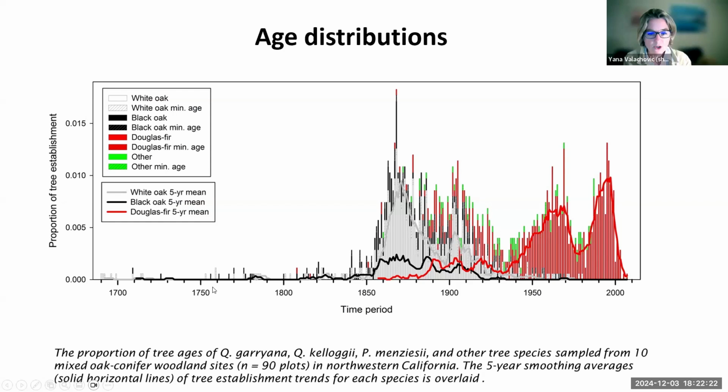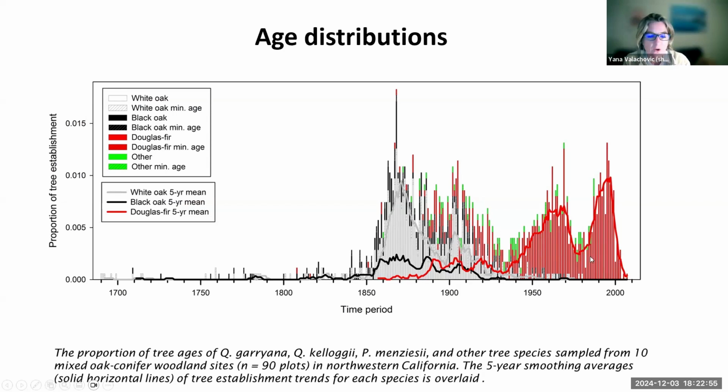But as you zoom across time, what happens? All of a sudden in 1850, there's this pulse of young trees that are established. The Oregon white oak, or the Garry oak, is in this gray. This is the smoothing line for the Oregon white oak. The black oak is this black line here. It also pulses. And then you can see that Douglas fir works its way around, and Douglas fir is the dominant tree that became established, especially after 1950 going forward.